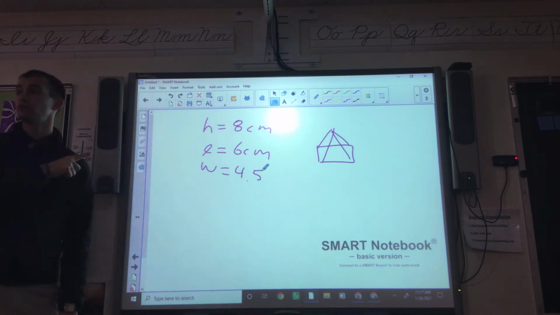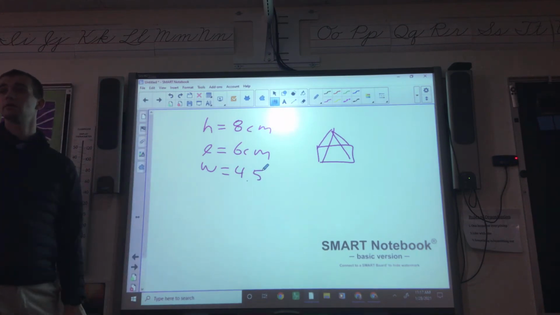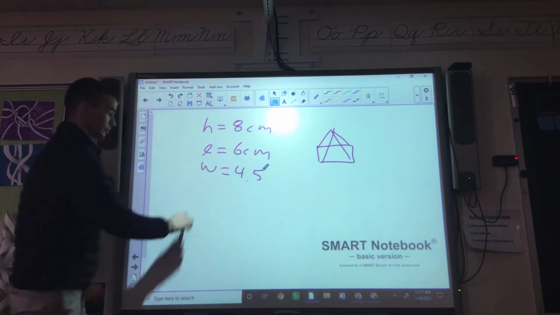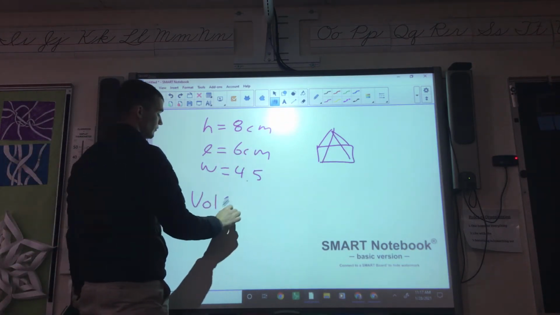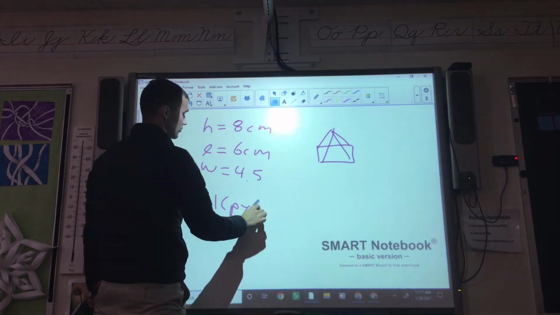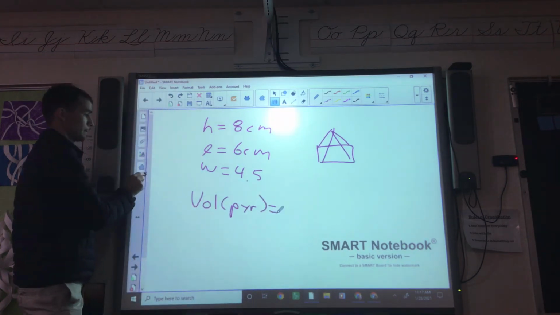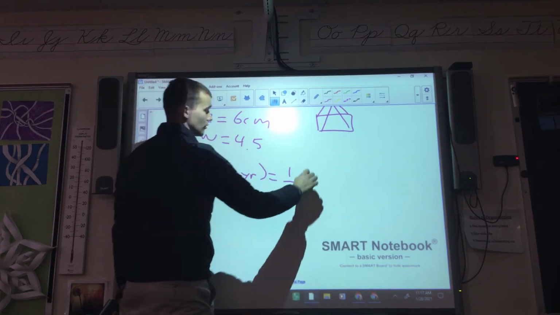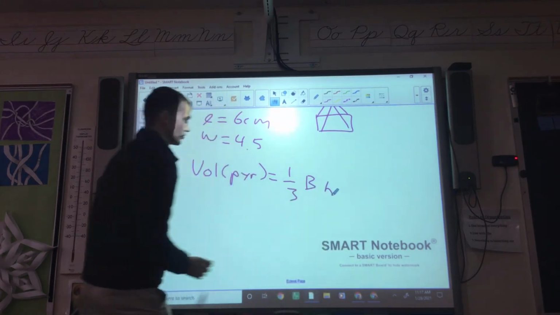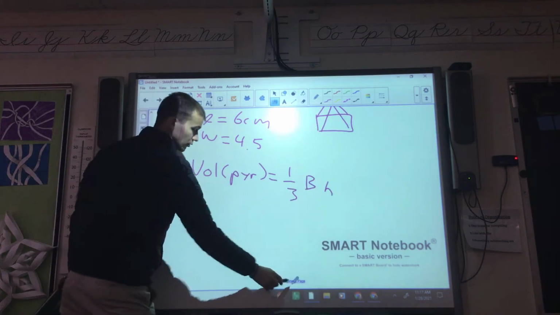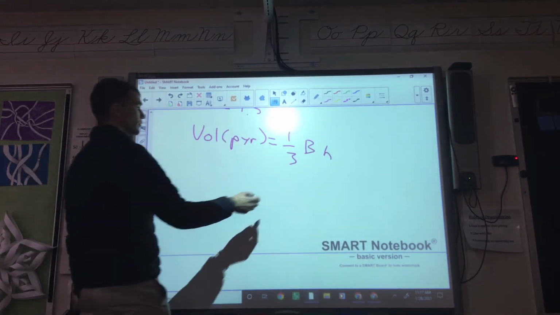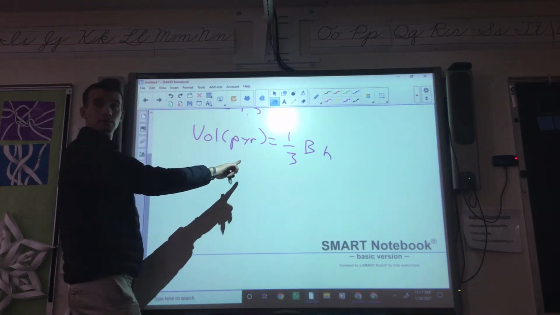So 1 was write what you know, 2 was what? Right, what's the formula for the volume, because we're trying to figure out volume of a pyramid. 1/3 big B H. And after we write the formula, we need to... Do we know what the volume is already?